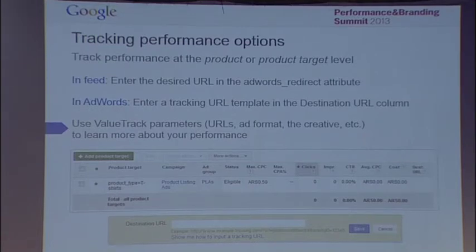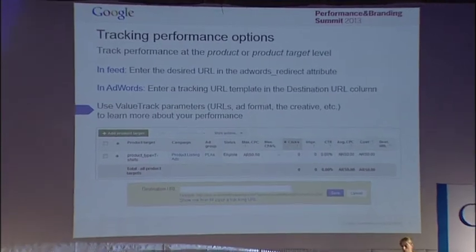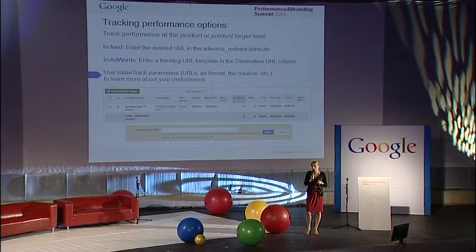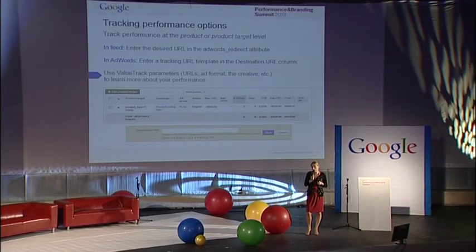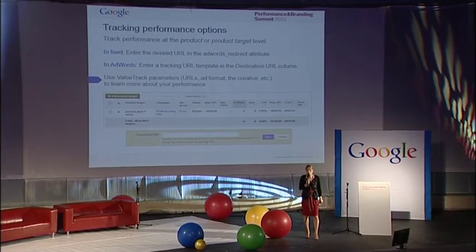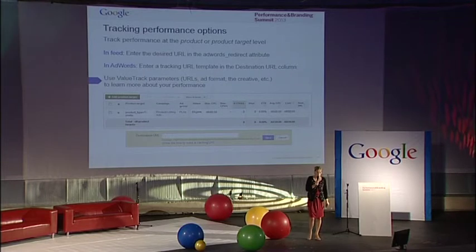So in order to refine all that bid strategy, you need to know more about the performance of your PLA campaign and know it probably at the product level or group of products. So there's two ways to track your performance.